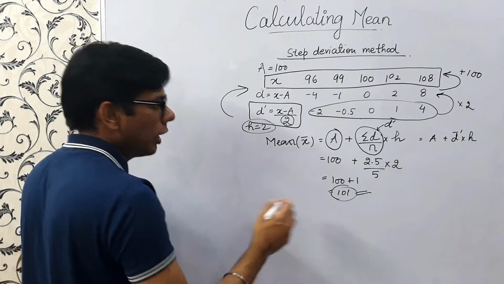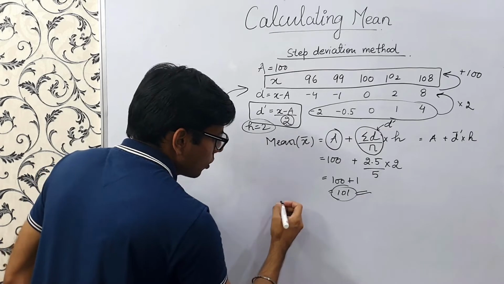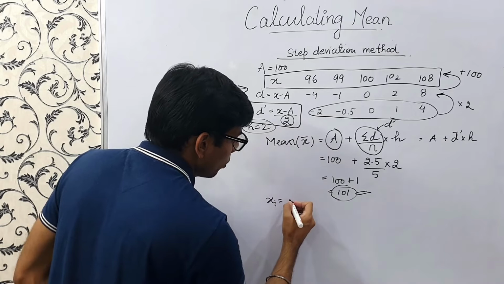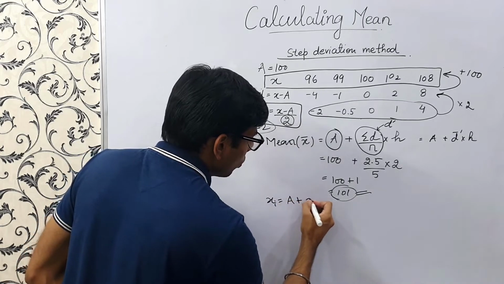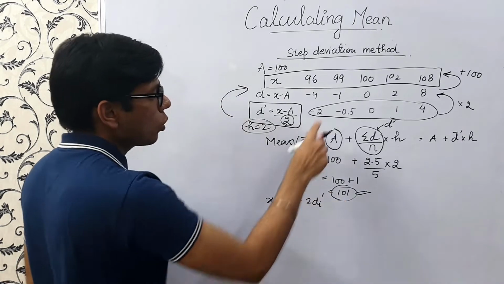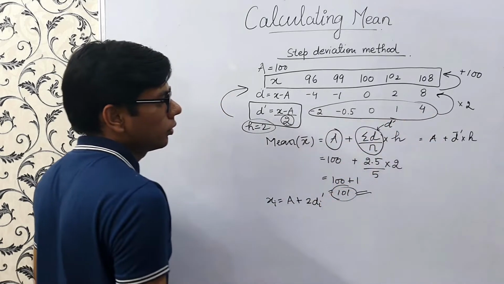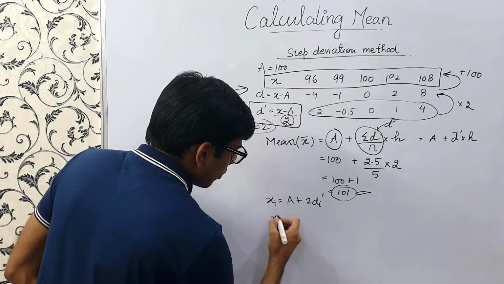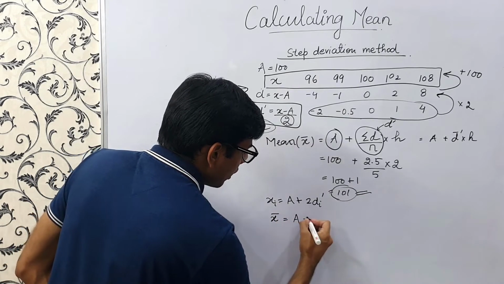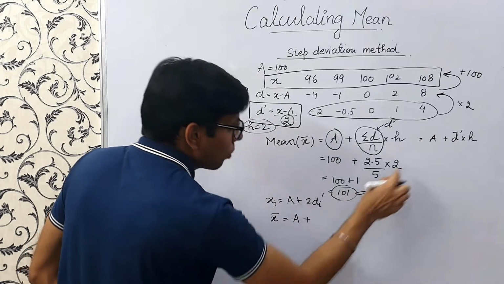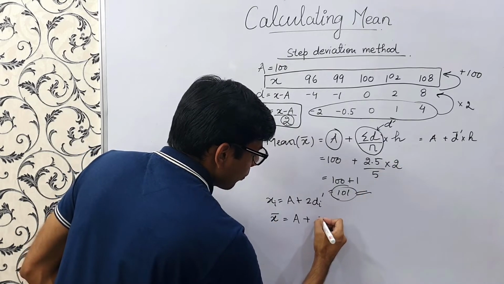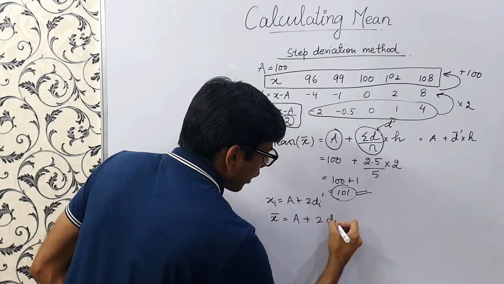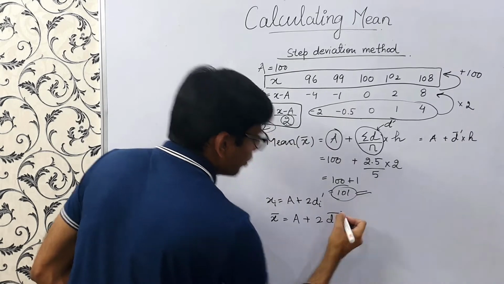So let me put it this way. We have xi equals a plus 2 di dash. So this is our di dash. Let me write it: x bar equals a plus, from the formula, 2 times d dash bar.